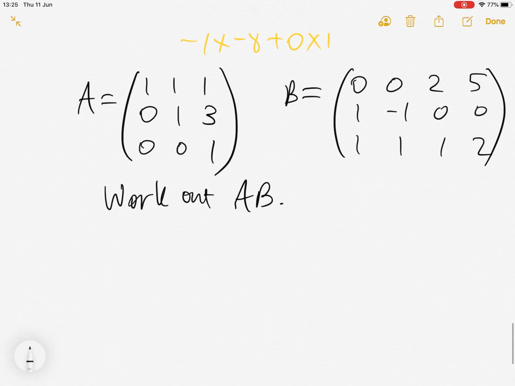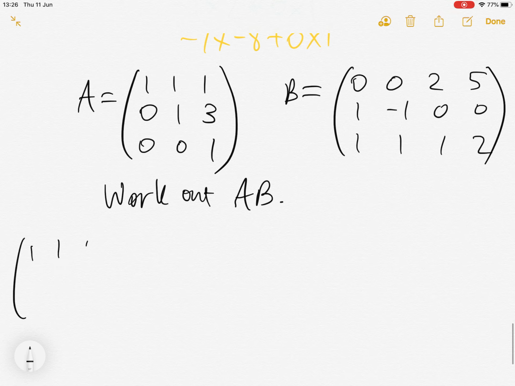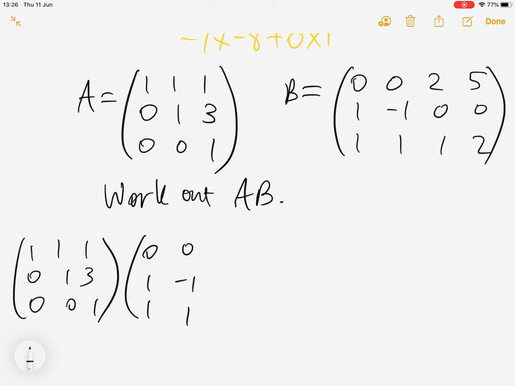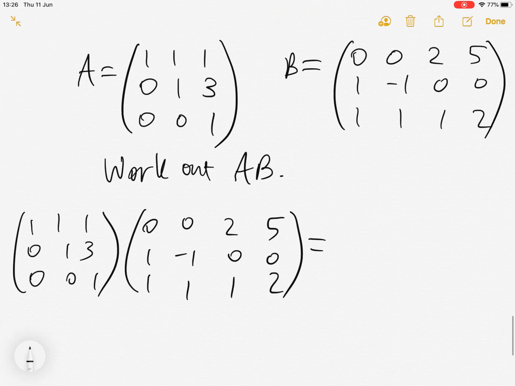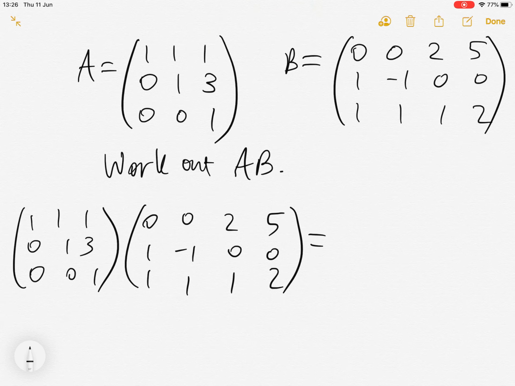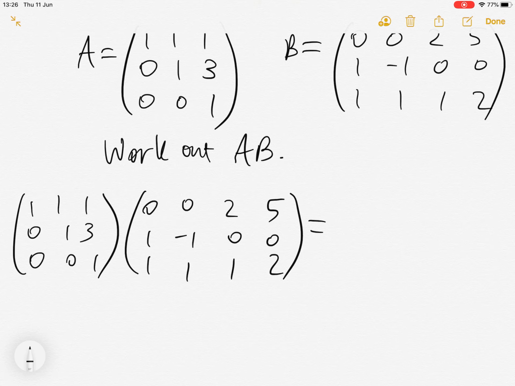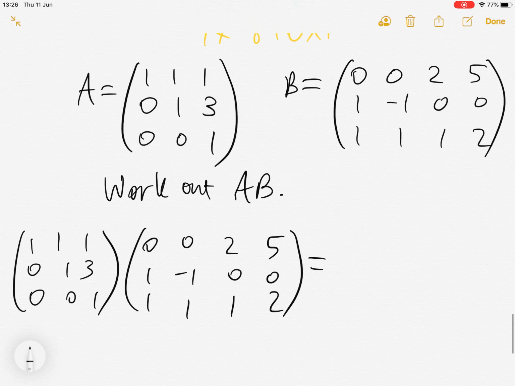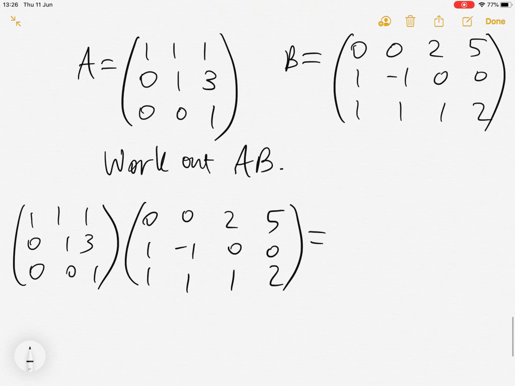And then we're going to do the same procedure. The number of zeros is to make it slightly easier to help us, because a lot of things will be 0. And we know the answer is going to be a 3 by 4 matrix.